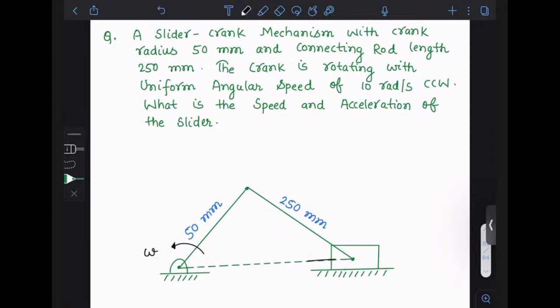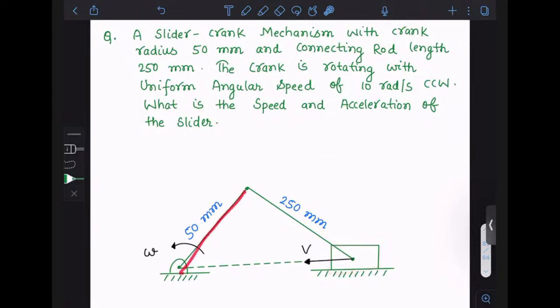Piston is moving in this direction. Velocity of the piston, right? So can anyone tell me both the values, the velocity as well as acceleration of the slider? This is the piston. Piston and slider mean the same, right? Both are asked in this problem.